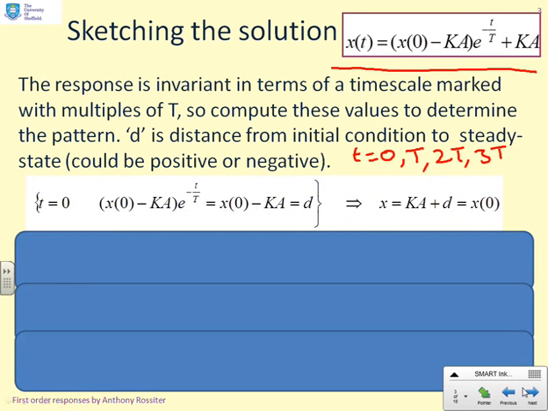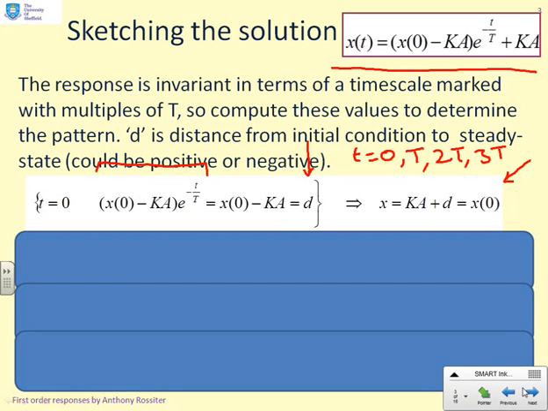Now, what I've done first is extracted the exponential term, x of 0 minus KA e to the minus time over capital T. And because time is 0, that becomes x of 0 minus KA, and I'm going to give that a value d. Now you'll notice that d is quite significant, because when I look at what I've got for x, you'll see x equals KA plus d, and that, because time is 0, equals the initial condition x of 0.